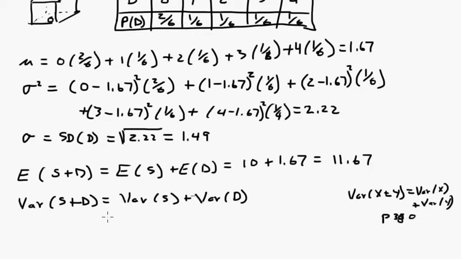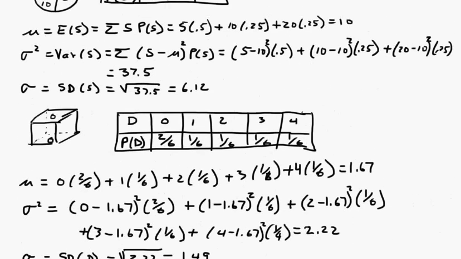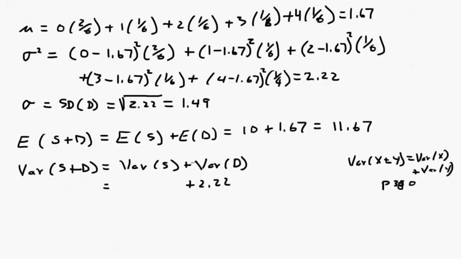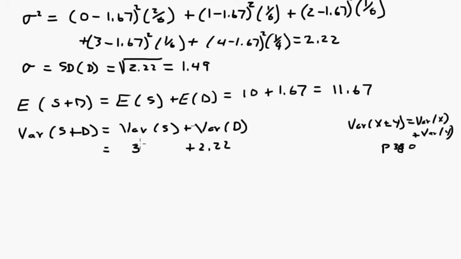Usually we have to get the standard deviation and square it, but we've already got the variances here. For D, it's 2.22, and up here it was 37.5 for the spinner. So the standard deviation of S plus D equals the square root of 37.5 plus 2.22.